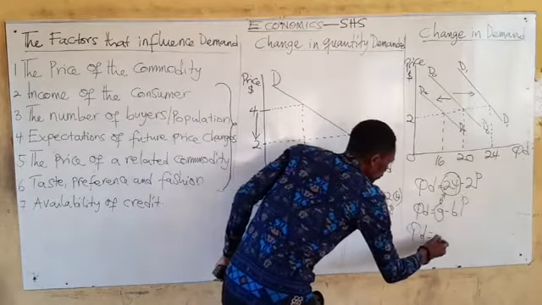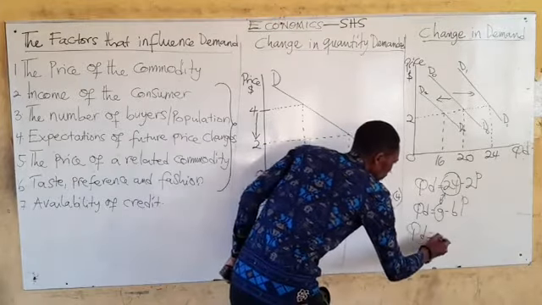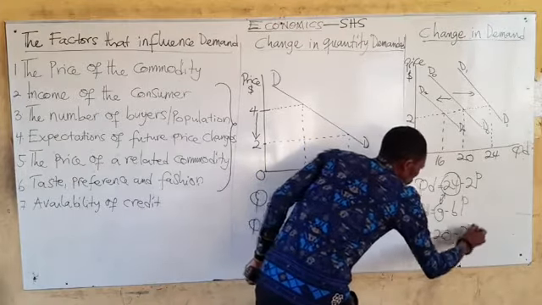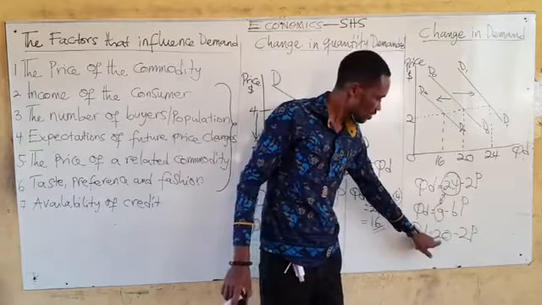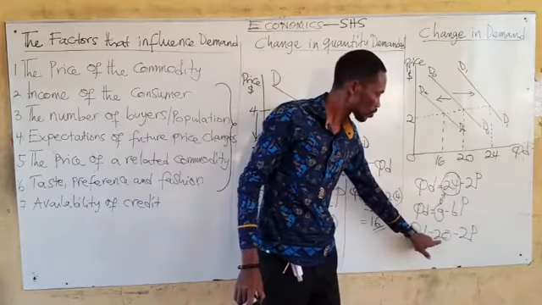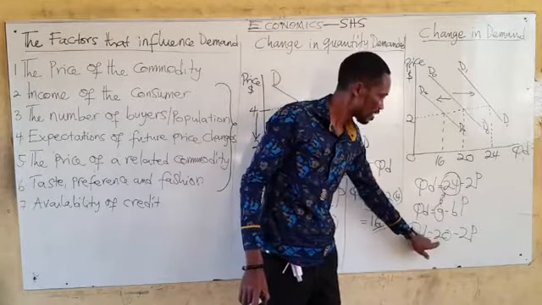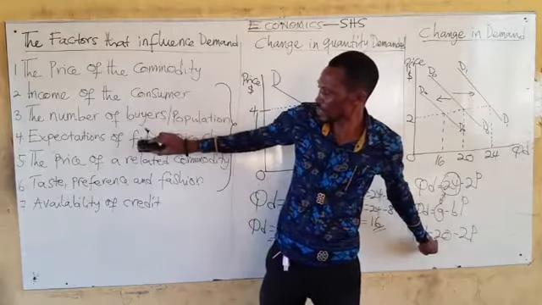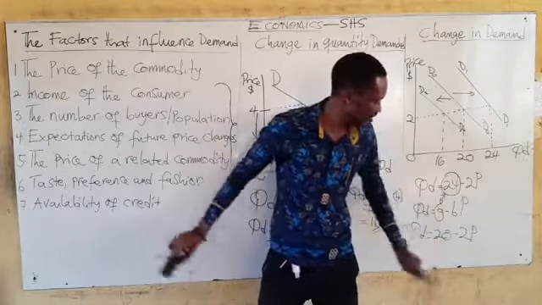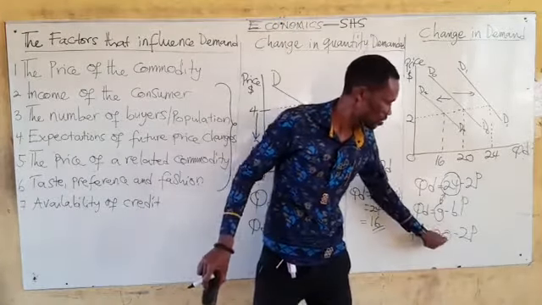QD equal to say 20 minus 2P. Why has the constant 24, the intercept, changed to 20? It has changed because one of these factors, income, number of buyers, expectation, any one of them has changed. That is when this will change.